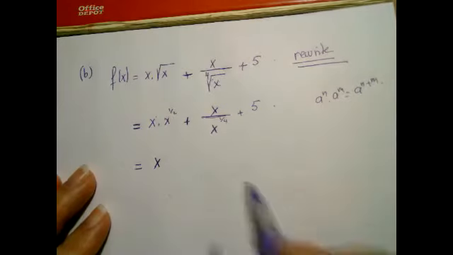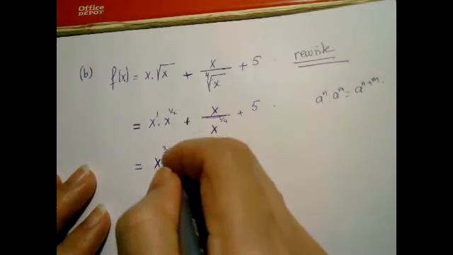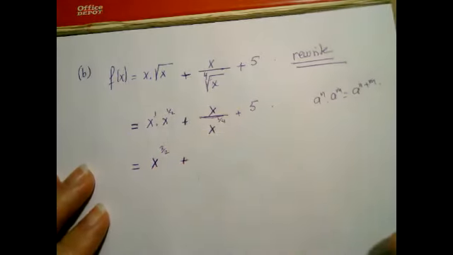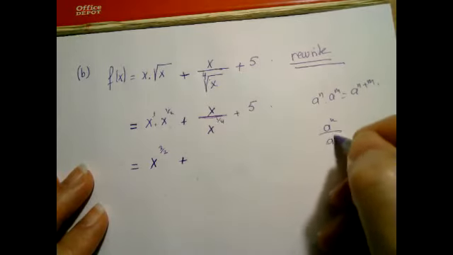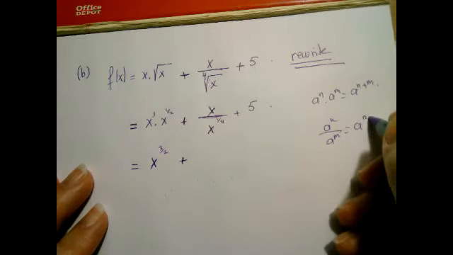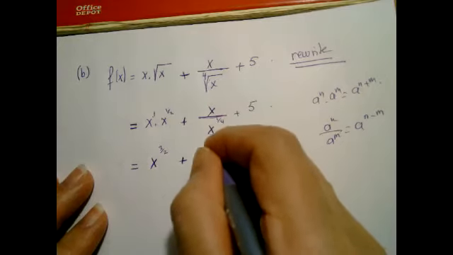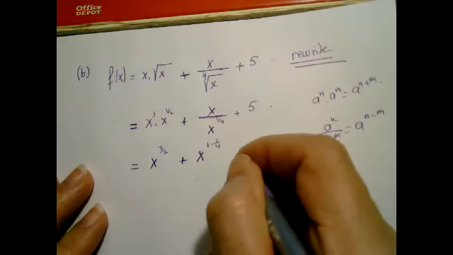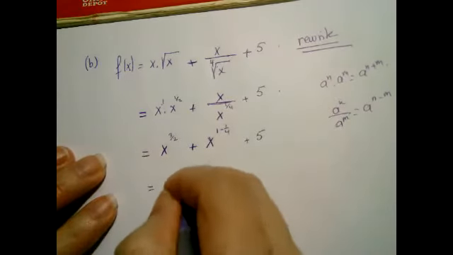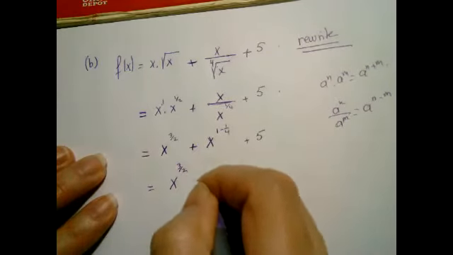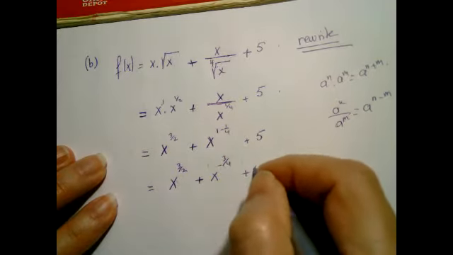So I'm going to add the powers, 1 plus a half gives me 3/2, plus. Here we have division, x^n over x^m, we subtract the powers. So here I will have x to the 1 minus a fourth, plus 5. Okay, I'm rewriting it. So finally I get x to the 3/2 plus x to the 3/4 plus 5.